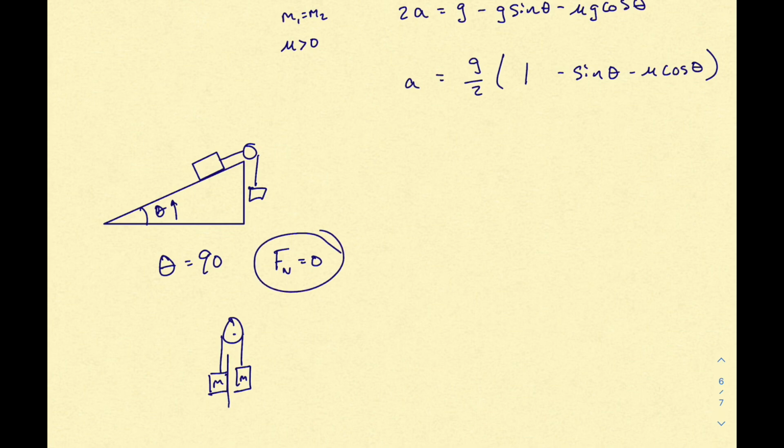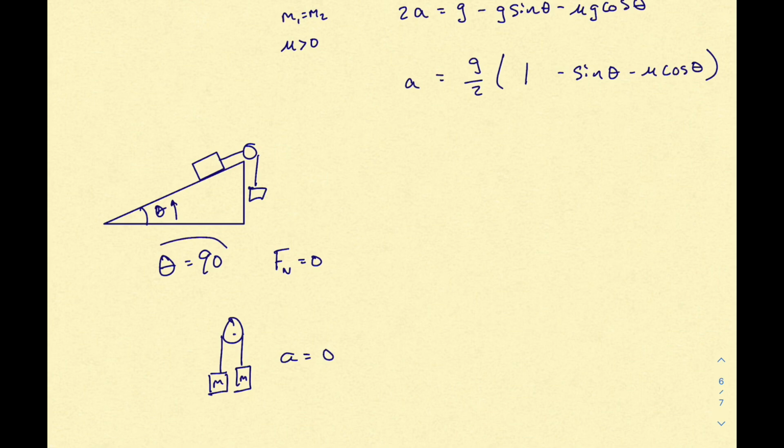It means that the normal force is equal to 0, so we can just consider it to look like this. Why is that important? Well, for that scenario, we need to know what that acceleration would be. And if we have two objects of equal mass on either side of a pulley like this, we would expect this acceleration to be equal to 0.